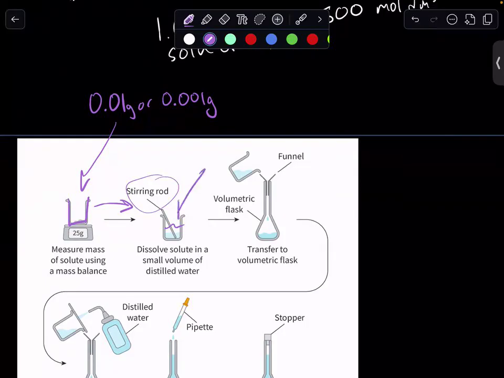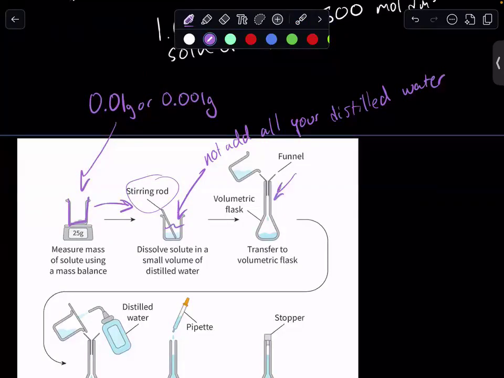But the very specific thing here is you will not add all your distilled water. It's very, very important that you don't just put in a liter because you need to then use a volumetric flask. Volumetric flasks are incredibly precise, but they only give one volume.